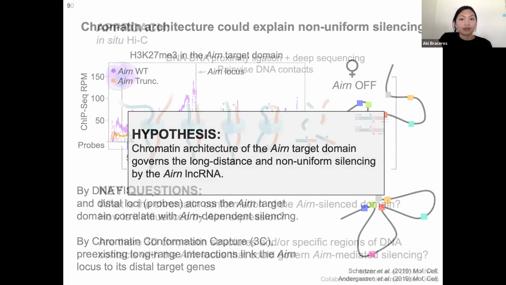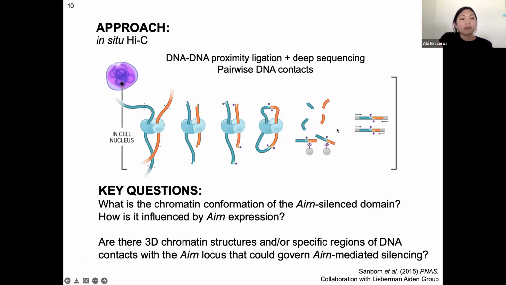All right, so to address this hypothesis, we turned to a method called in situ Hi-C, which involves DNA-DNA proximity ligation coupled with deep sequencing, as illustrated here. And so essentially, Hi-C gives us high-resolution data to be able to quantitatively measure pairwise DNA contacts across the genome. And so with Hi-C, we're able to address some key questions.